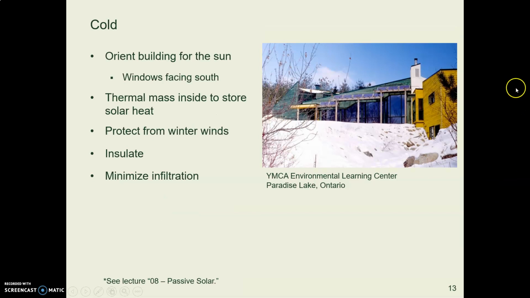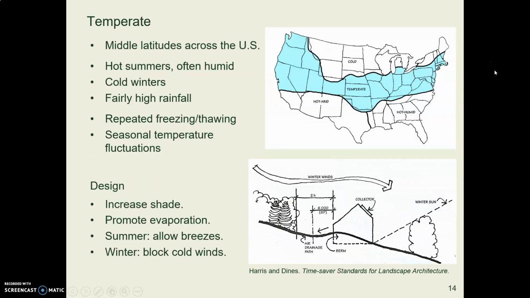So here's a building up there in Ontario. Windows facing south, thermal mass, stone and concrete to store the heat, things that will block the cold winter winds, and you want to be well insulated and make sure you don't have air leaks and infiltration.